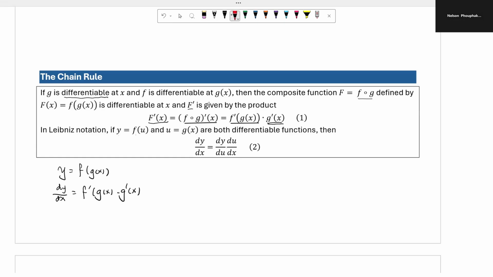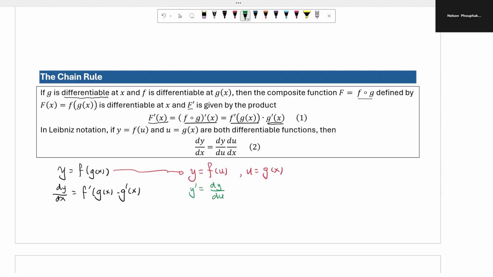And now, I will have y equal to f of u, where u equal to g of x. Let's see how we take the derivative now. Y is dependent on u, so y prime is dy/du.